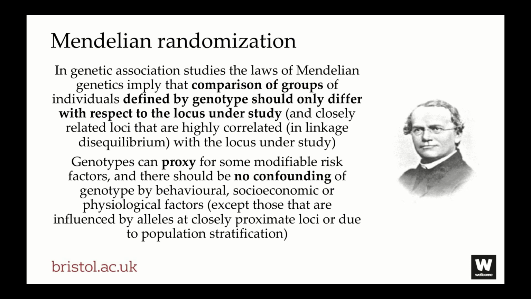Similar to a randomized controlled trial, they shouldn't be associated with confounders. So those confounding factors of our exposure-outcome association should be equally distributed between groups defined by genotypic variation, meaning that we can use it to infer some causal inference.